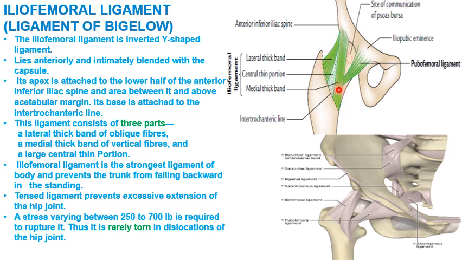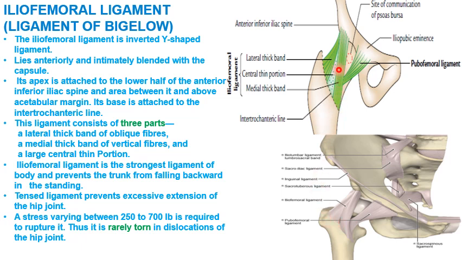The medial band, being vertical, is attached to the lower part of the intertrochanteric line, and the lateral band is oblique and is attached to the tubercle in the upper part of the intertrochanteric line. You can see it very clearly over here. So the lateral band, or the oblique band, is attached to the tubercle over the upper part of the intertrochanteric line.